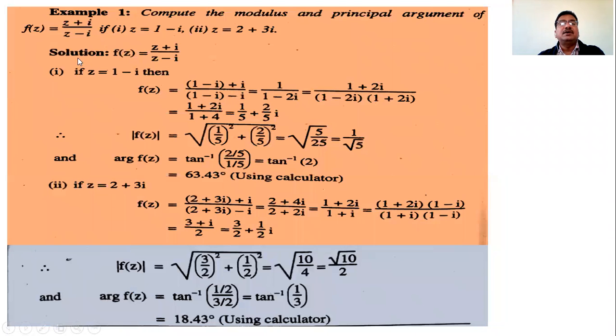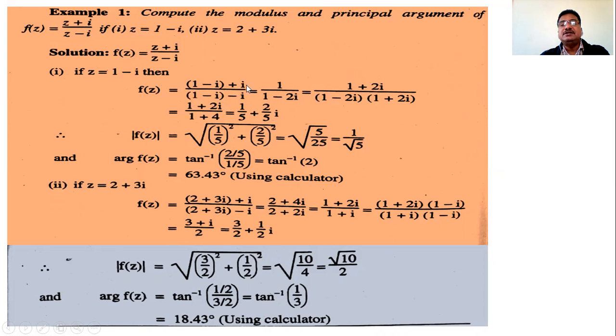So what is the problem? The first problem is (z plus i) divided by (z minus i). So first express the number (z plus i) divided by (z minus i). What is z? If z is 1 minus i, there are two problems. So substitute z as 1 minus i, and we get 1 divided by 1 minus 2i.